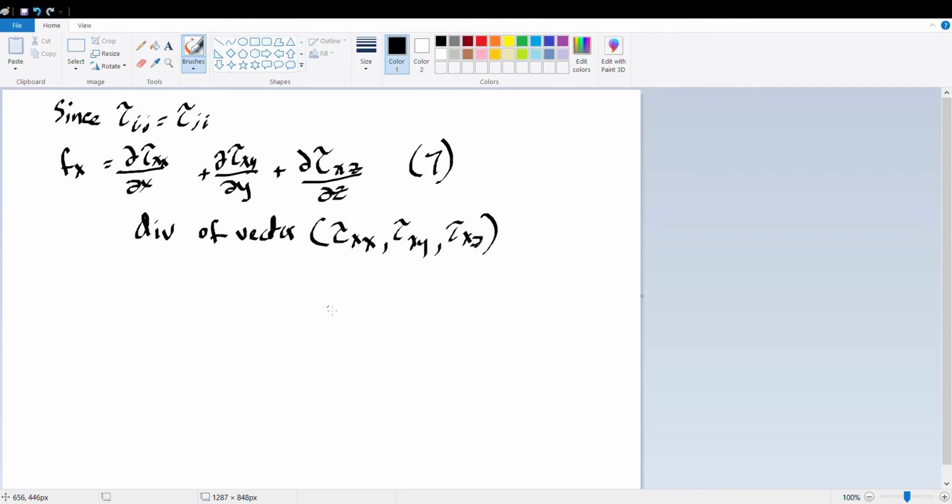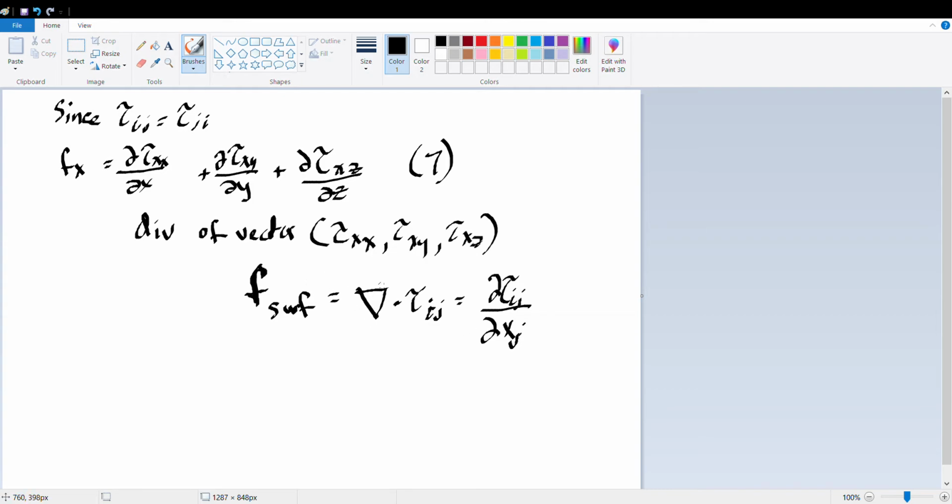So for the total vector surface force, we're going to make this dark because this is actually in vector form. The surface force is equal to the divergence of the stress tensor matrix tau ij, which is equal to the partial derivative of tau ij with respect to x j.